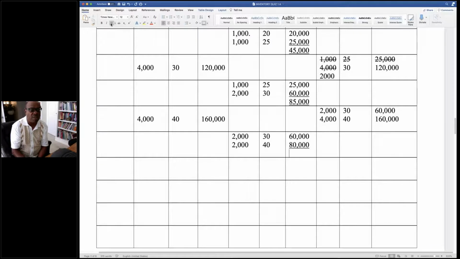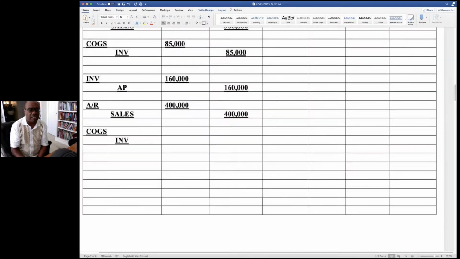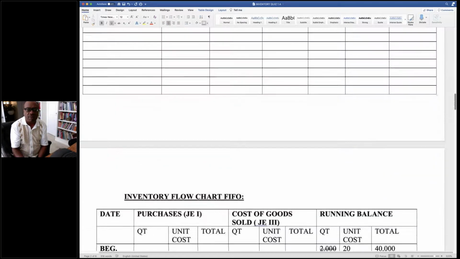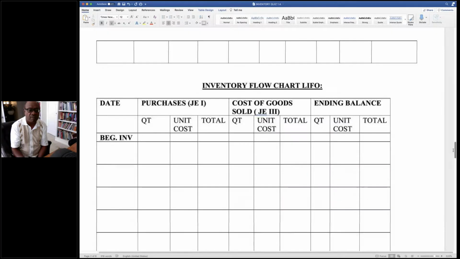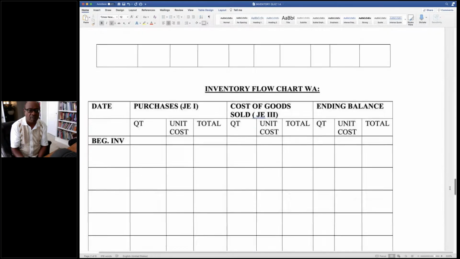So the total is going to be 140,000. So the chart, that middle column, is 140. Let's go to our T accounts and put in the 400 and 140.